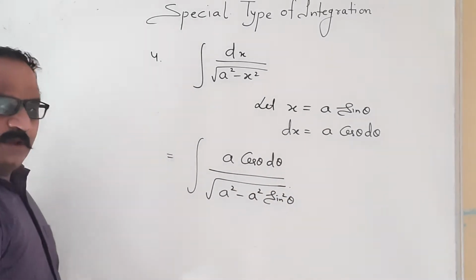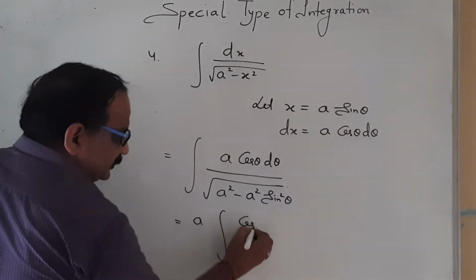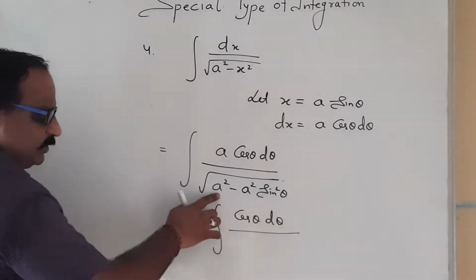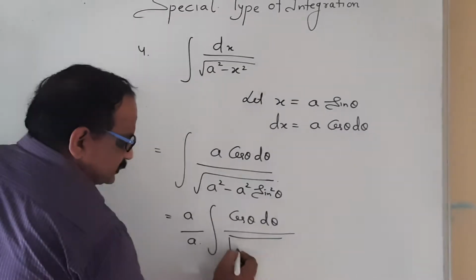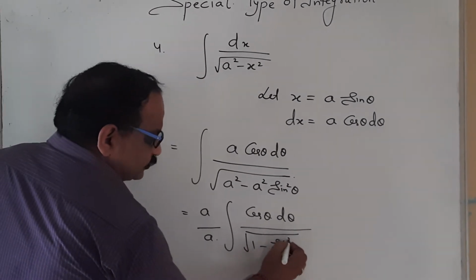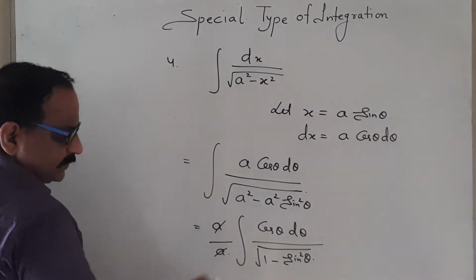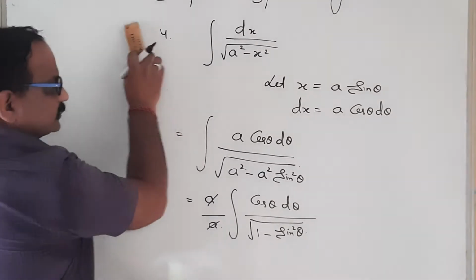That's it. Now we have to simplify. This a will be outside, so a out, and this is cos theta d theta. Inside the portion a square can be common, but due to the root it will come outside as a, and the inside portion is 1 minus sine square theta. Now see, this a and a will be cancelled out. Inside, 1 minus sine square theta becomes cos square theta.